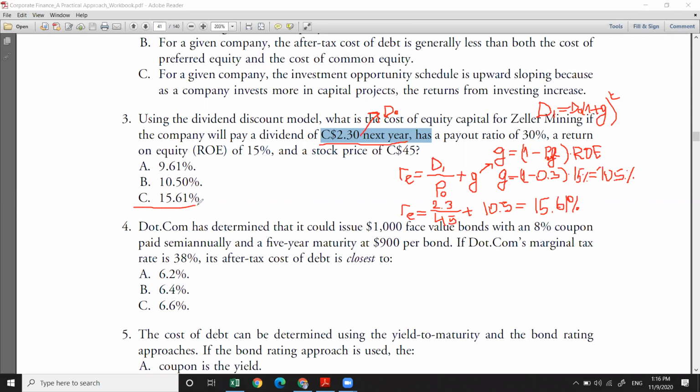And the answer is C. This is the way we find it. So be careful while solving the question, read the questions carefully. You can solve it in Excel very quickly.